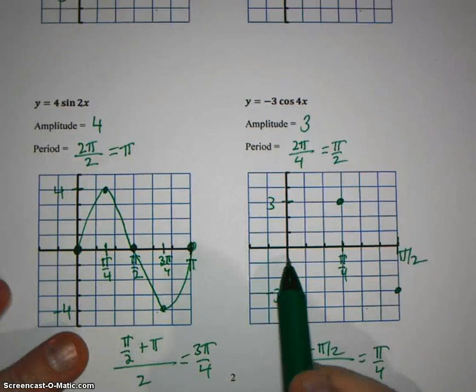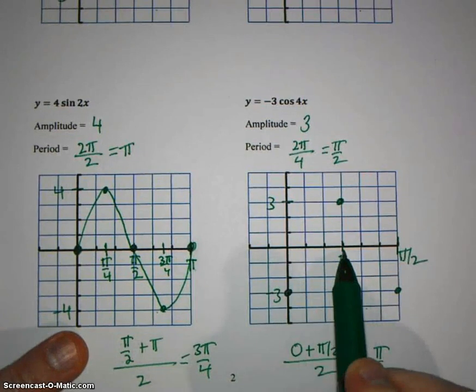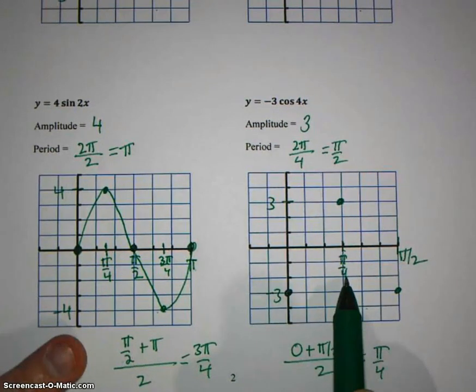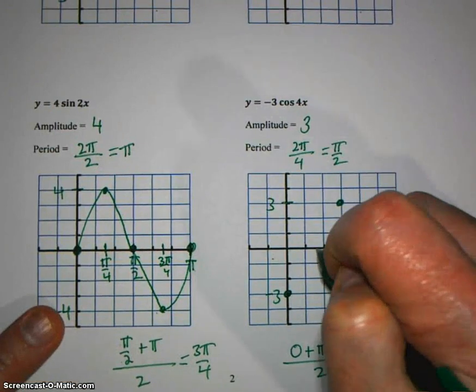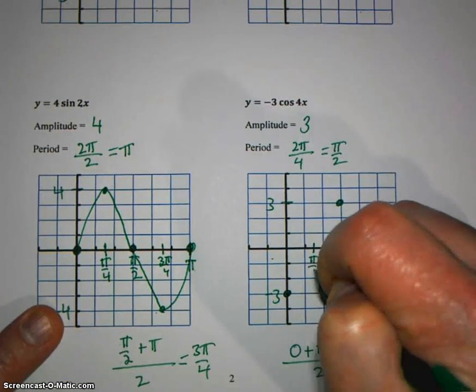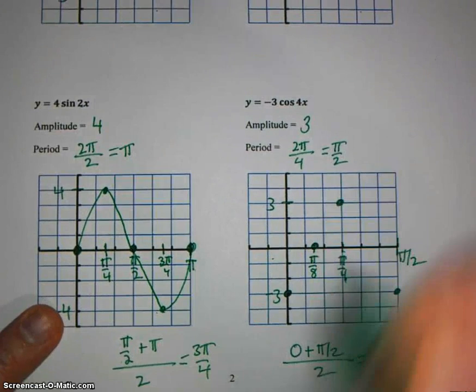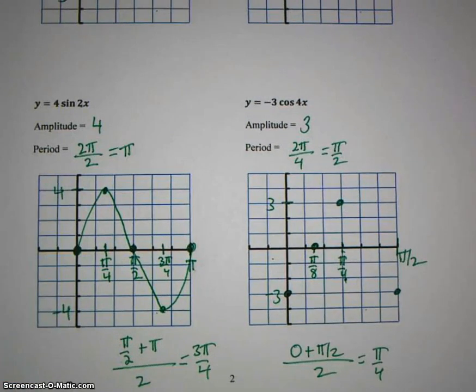Okay, halfway between 0 and pi over 4. Going halfway between 0 and something is easy. You just make the denominator twice as big. If you don't believe me, use your calculator. It really is pi over 8, and we hit the axis there.